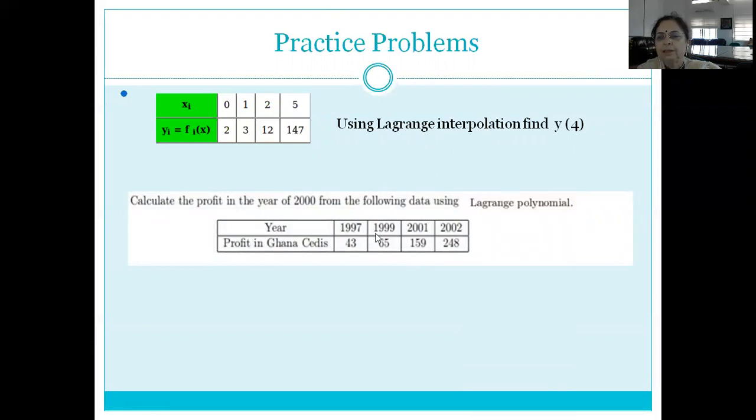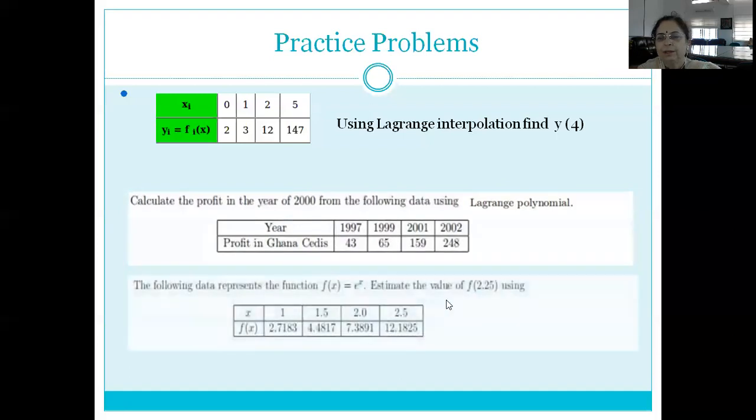Now these are evenly distributed data points, but no matter, we can still use Lagrange's interpolation for calculating the profit in the year 2000. You can see that 2000 is the unknown data point and we can calculate the profit there.